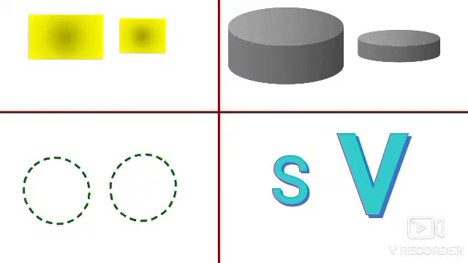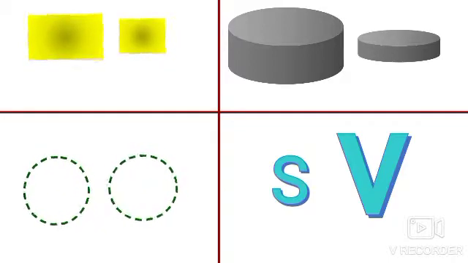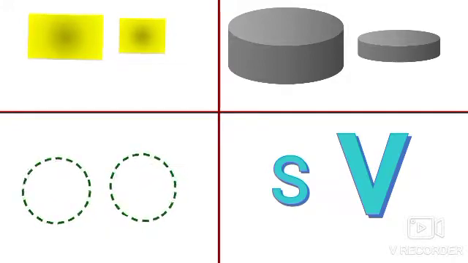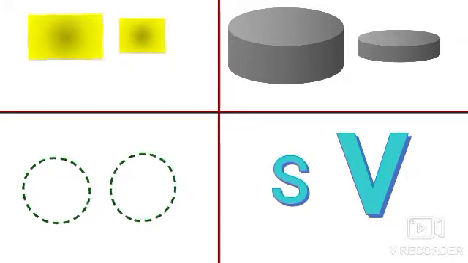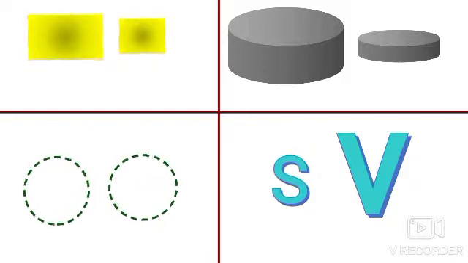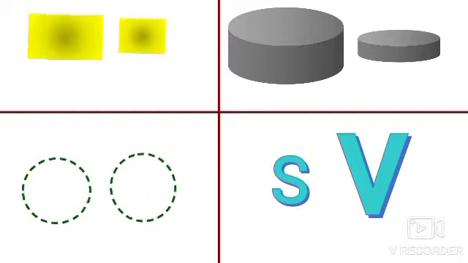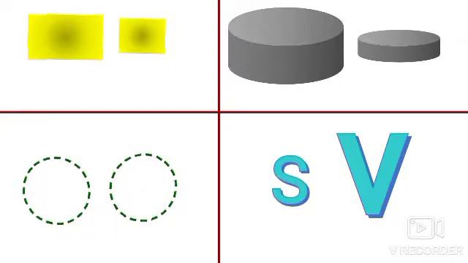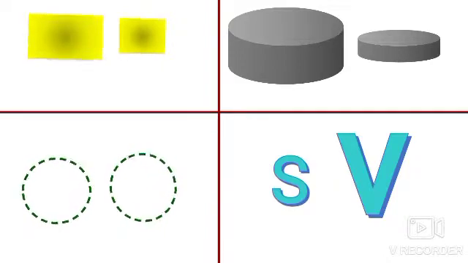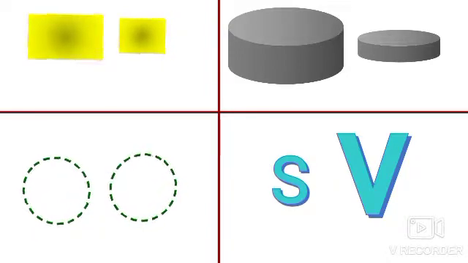As you can see, the first picture is about rectangles. One is big and one is small in size. Similarly for the next one, again one is big and one is small. And for the moving circles, both are the same size. And for the alphabet S and V, the colors are the same for all, but the sizes of the first, second and fourth diagrams are bigger and smaller.